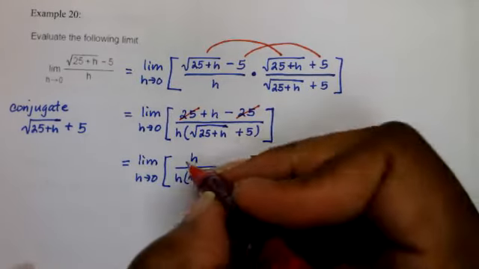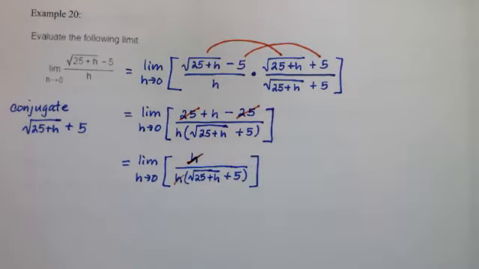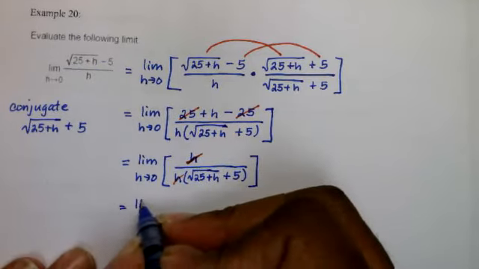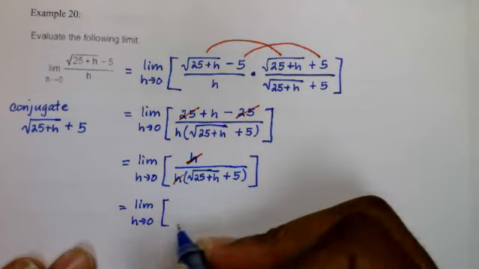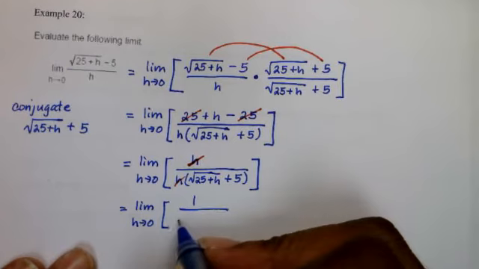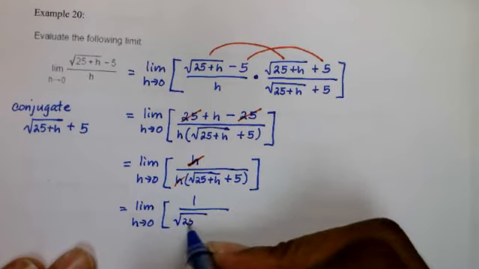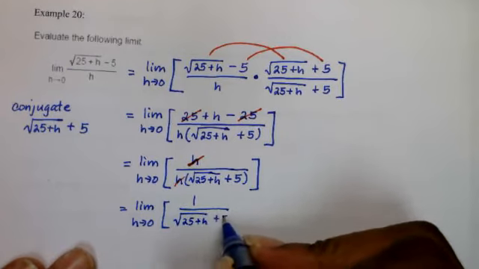And also those h's divide out. I'll be left with a limit as h approaches 0 of 1 over the square root of 25 plus h plus 5.